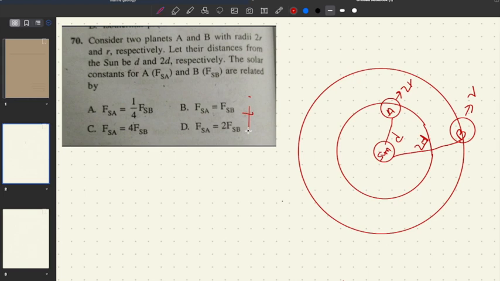So according to option A, you can see FSA is equal to 1/4 of FSB. Again this is not possible.